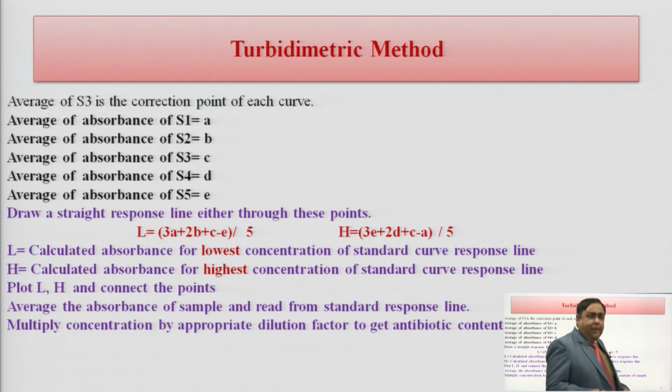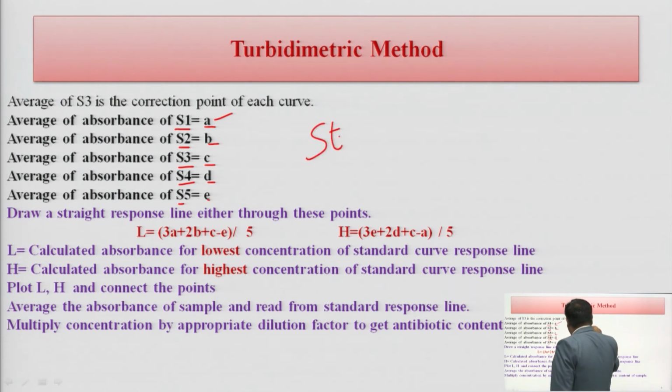Now, if it so happens that the absorbance for S1 is A, S2 B, S3 C, S4 D, S5 E, ideally it should be a straight line.